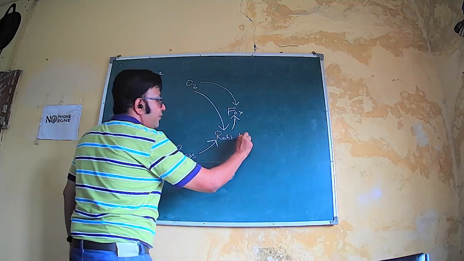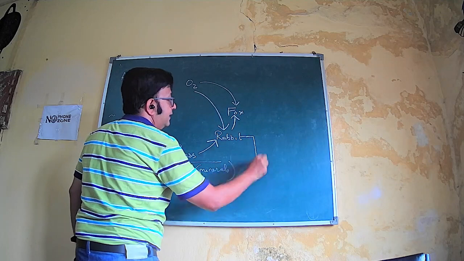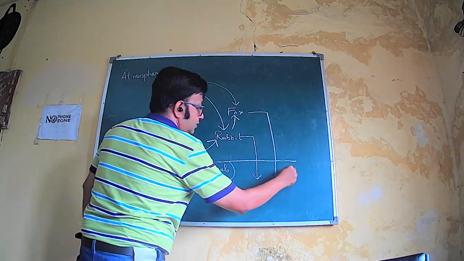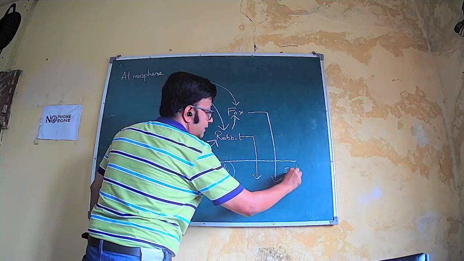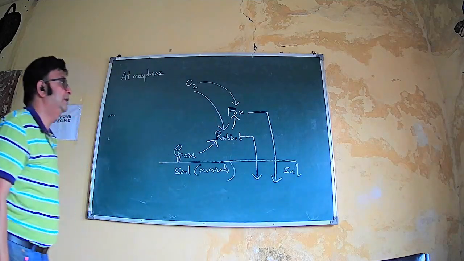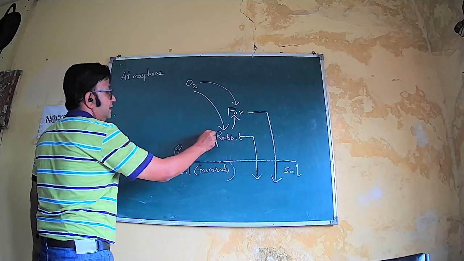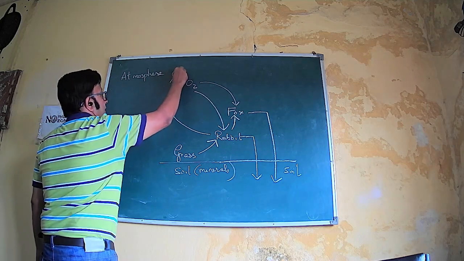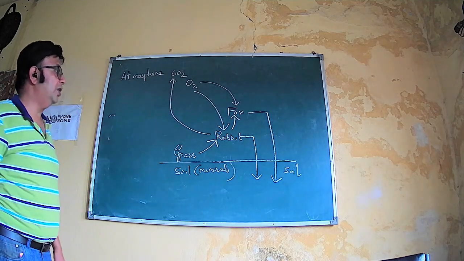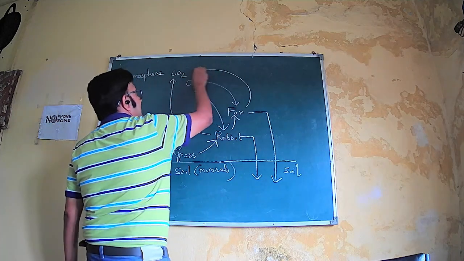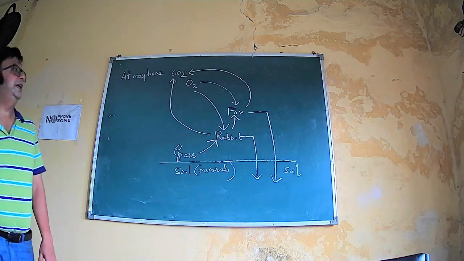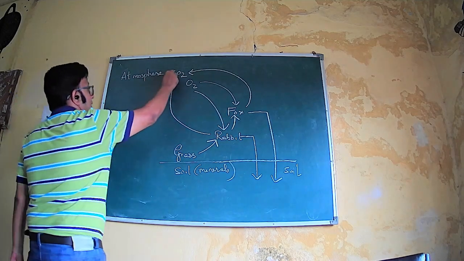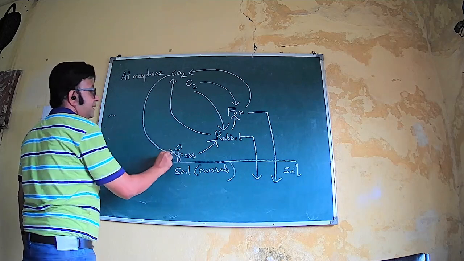Rabbit and fox, they die and they decompose in the soil. Fox and rabbit, they take in oxygen and release CO2. CO2 is taken by grass.